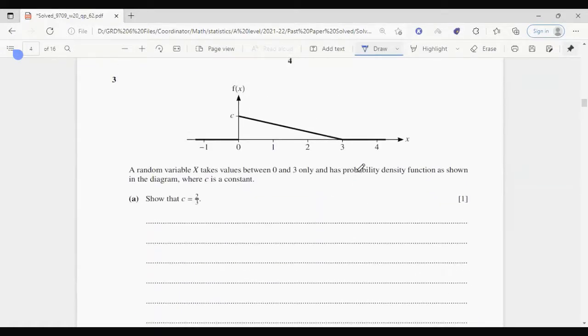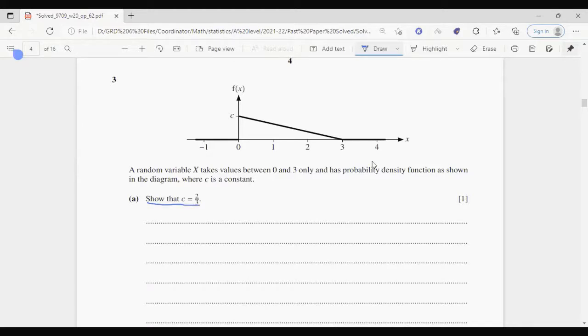Moving on to number 3, you've been given a graph. The graph represents a probability density function, and on the y-axis, the y-intercept C is to be found out using our PDF function. Let's show that C is 2/3.